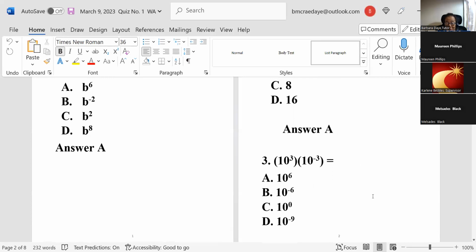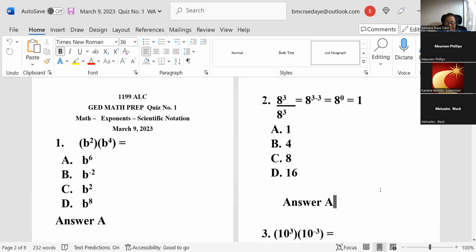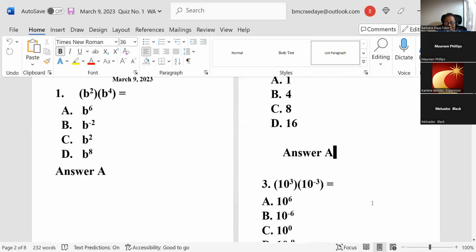A plus 3 and a minus 3? That's just like the one up here. Yeah, but when you say plus 3 and minus 3, I'm thinking of subtraction.